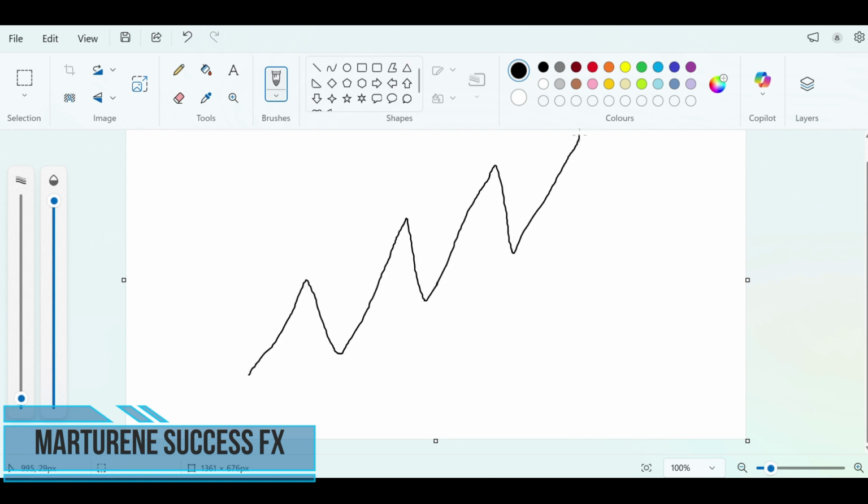Now if you draw a trend line, you join these two points, and the market touches the third time here. The more it touches this line and reverses, the stronger this trend line will be.